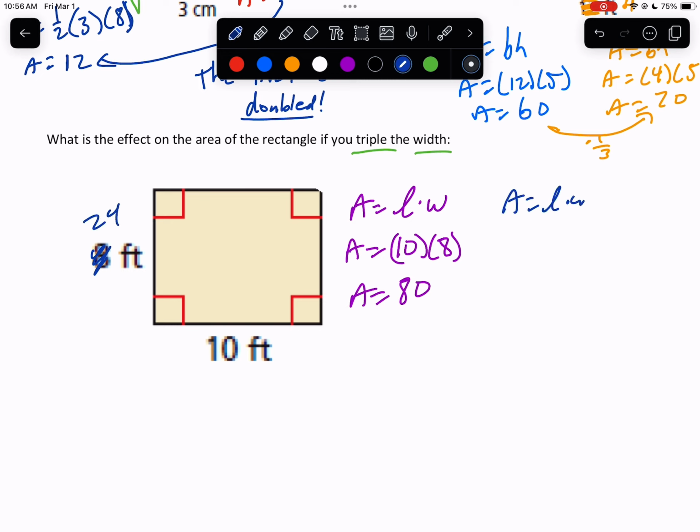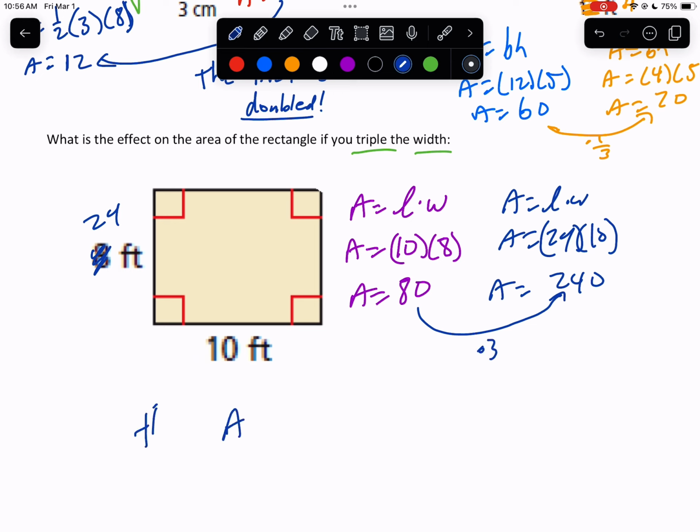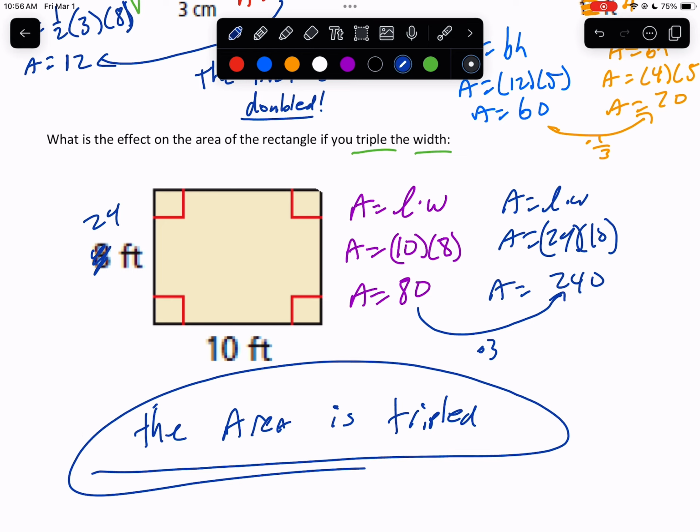Area equals length times width. That would be 24 times 10, and that is 240. How do you go from 80 to 240? Times 3. The area is tripled.